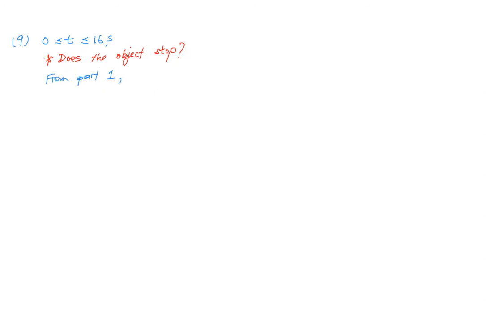No, I want to know when it stops. It stops at t equal to what? 0? How can it be t equal to 0? T equal to 0 is initial. Oh, 16. T equals 16. How can it be t equal to 16? Stop moving means velocity equal to 0.